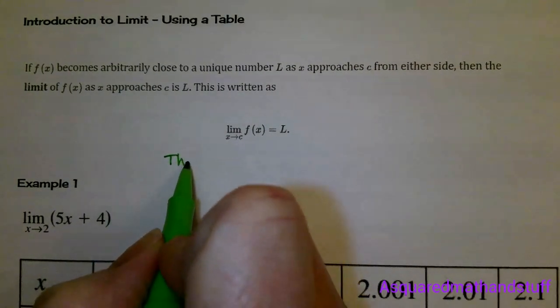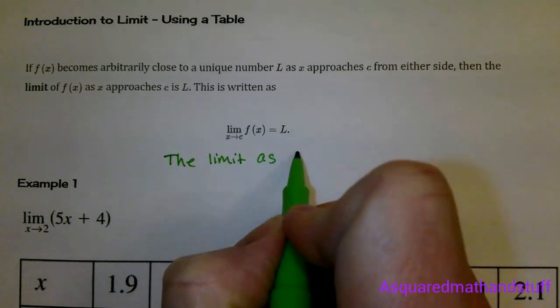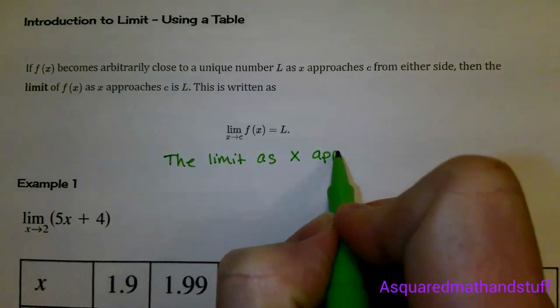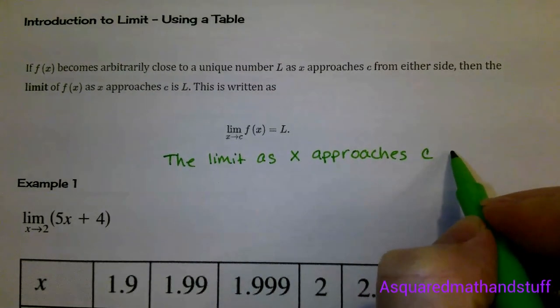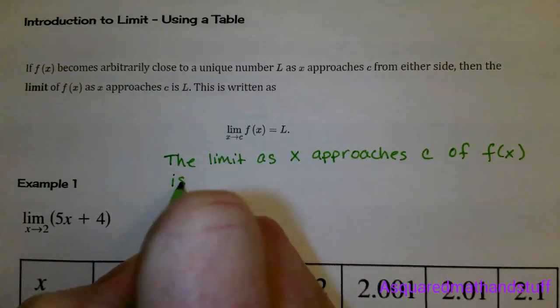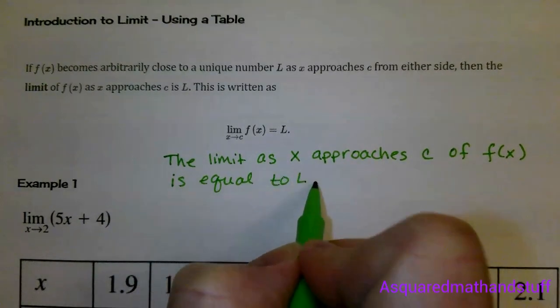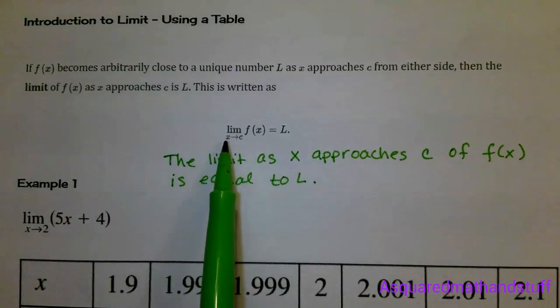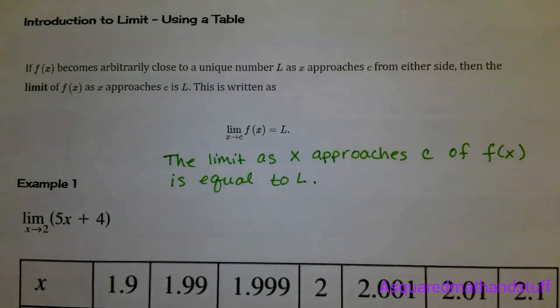The limit as x approaches c of f of x is equal to L. So the limit as x approaches c of f of x is equal to L.